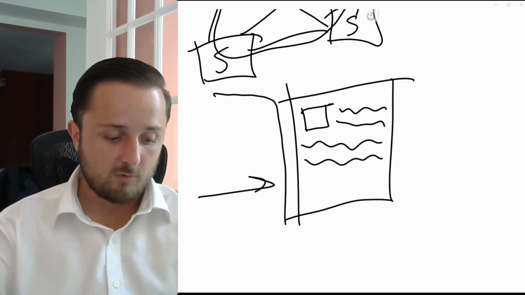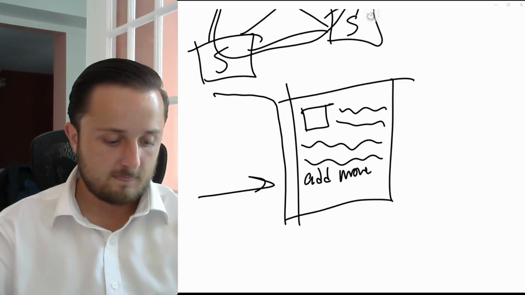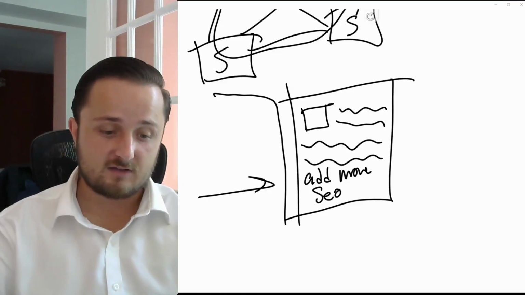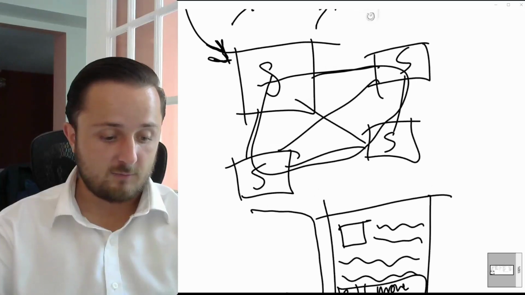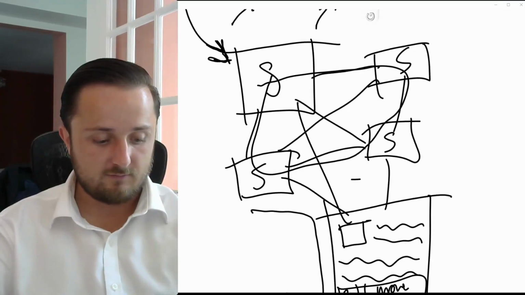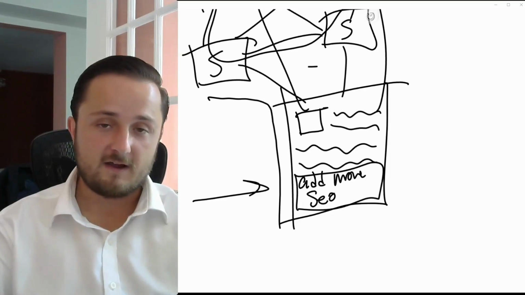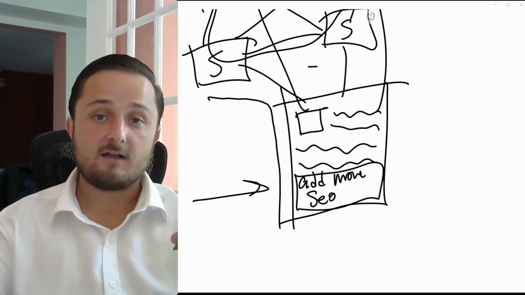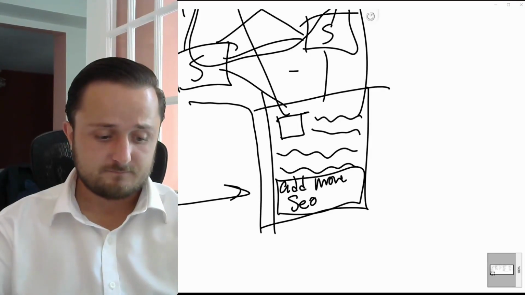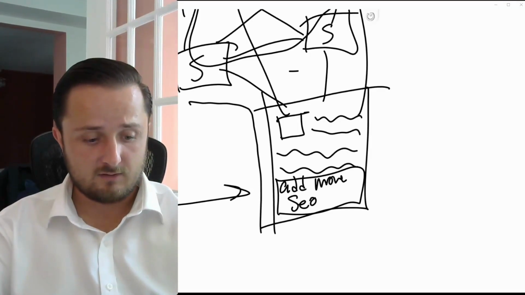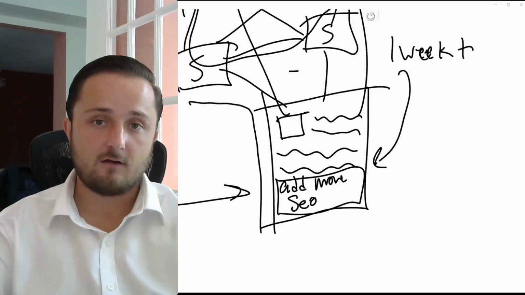So we go and add more on-page SEO to this section of the page. And because we have all this proper internal linking, with all of these links pointing to this page, Google's going to find that a lot sooner than if we didn't link. If you don't properly interlink, it can take a week or more for Google to come by and find all of that new on-page content.